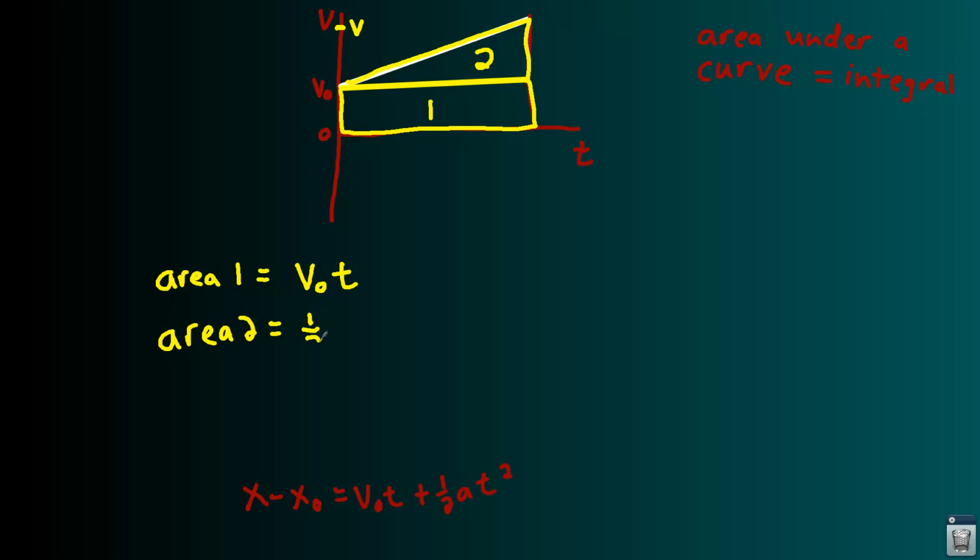So 1/2, and our base is t, and our height looks like this distance from here to here, basically v minus v naught. But that's not quite so nice. That's not really exactly what we're looking for. So we can think of it a different way.